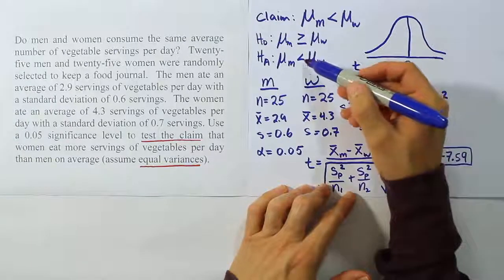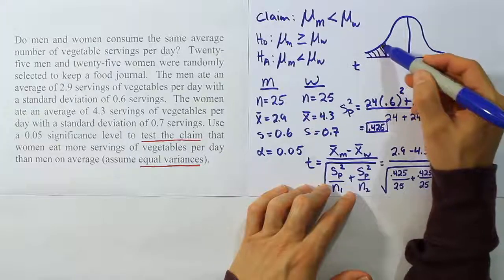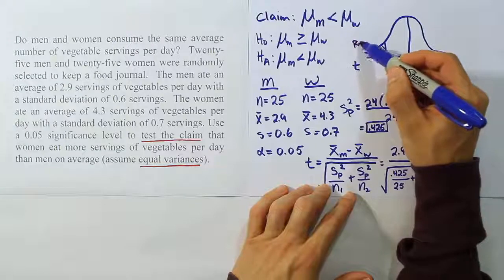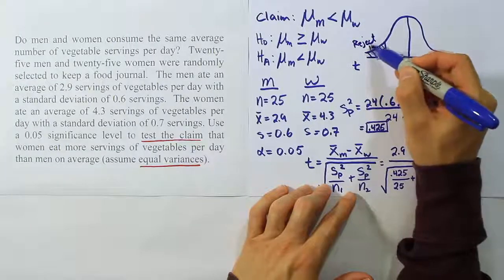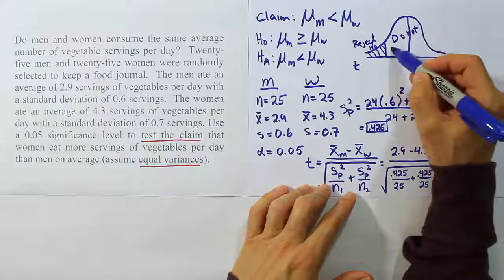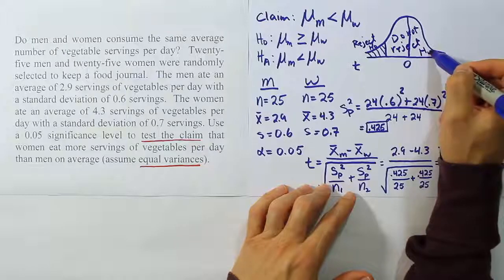We look at HA and we see that the less than symbol indicates a left-tailed test. So anything that falls on this left-hand side of the curve is going to cause us to reject HO. So reject HO if our test stat lands there, and do not reject it if it lands anywhere here to the right.